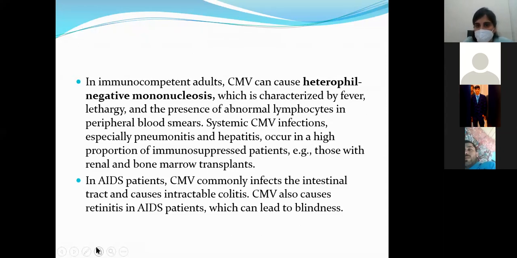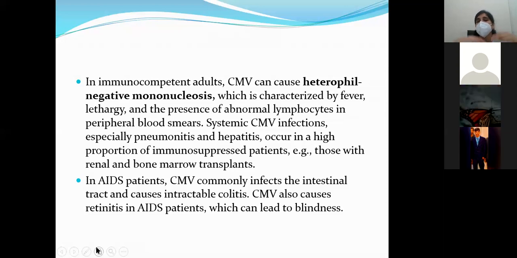In immunocompetent adults, cytomegalovirus causes heterophilic negative mononucleosis, which is characterized by fever, lethargy, and presence of abnormal leukocytes in the peripheral blood smears. The presentation is just like the infectious mononucleosis, which we will discuss later in the Epstein-Barr virus, in which there is generalized lymphadenopathy, but the heterophilic antibodies are negative.